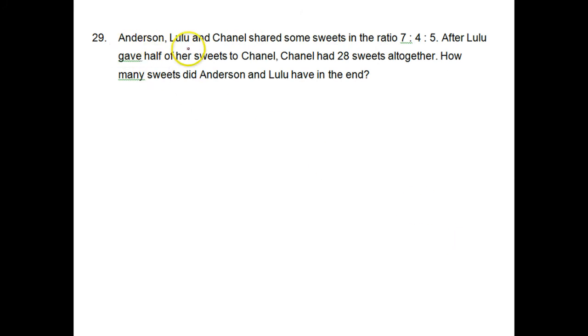29. Anderson, Lulu, and Chanel shared some sweets in the ratio 7:4:5. After Lulu gave half her sweets to Chanel, Lulu has 4 units, you gave half, so you minus 2 units.